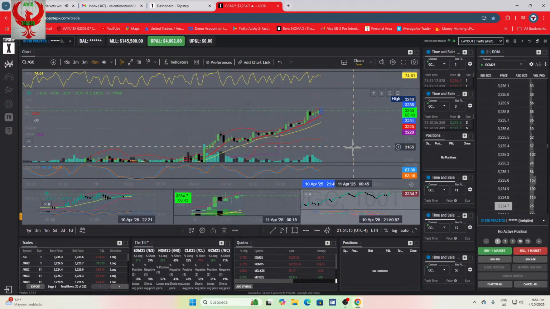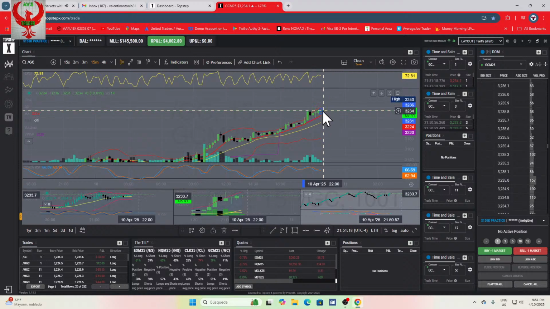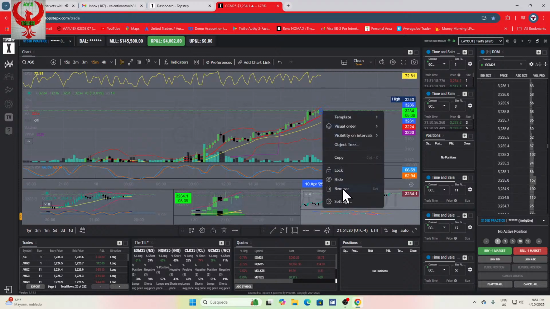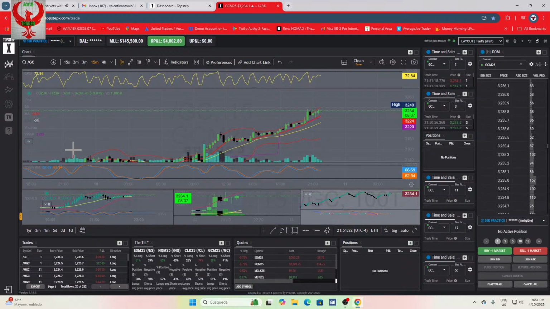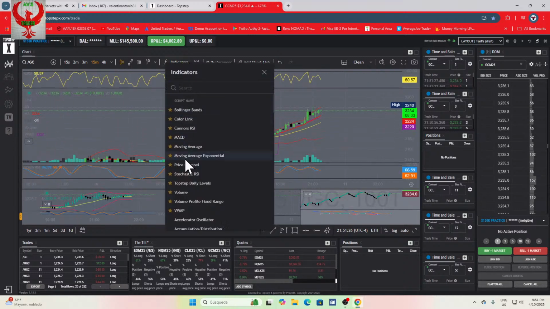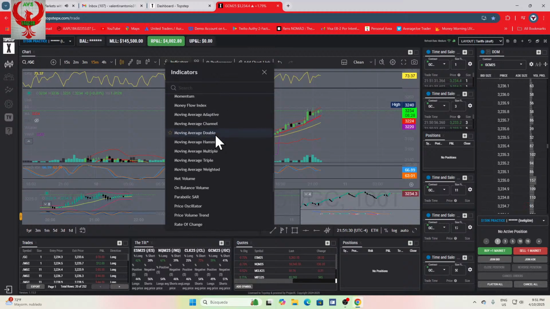Touch 50 once. I'm getting used to this movement. We're getting jaded. Good flip here. Do the reversal challenge.